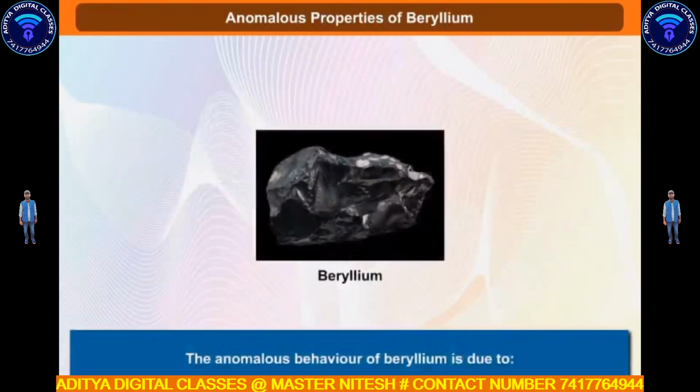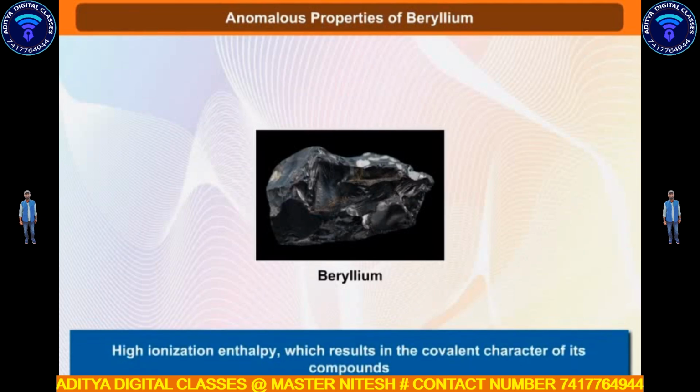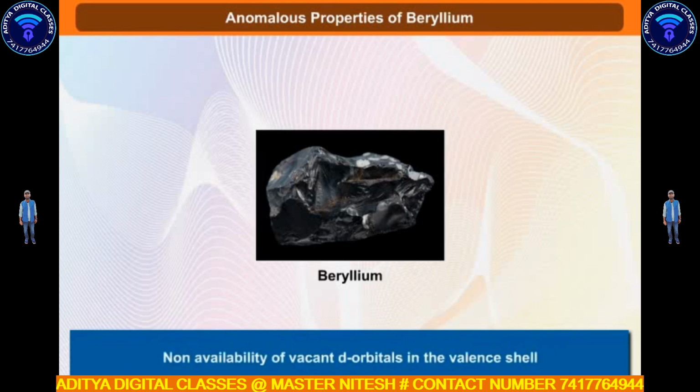The anomalous behavior of beryllium is due to the extremely small size of its atom and ion, high ionization enthalpy, which results in the covalent character of its compounds, and non-availability of vacant d orbitals in the valence shell.